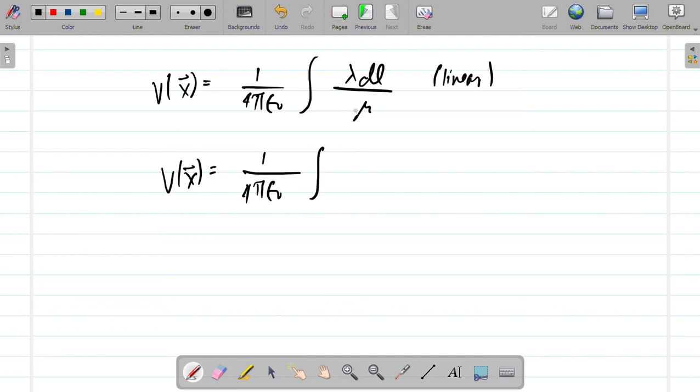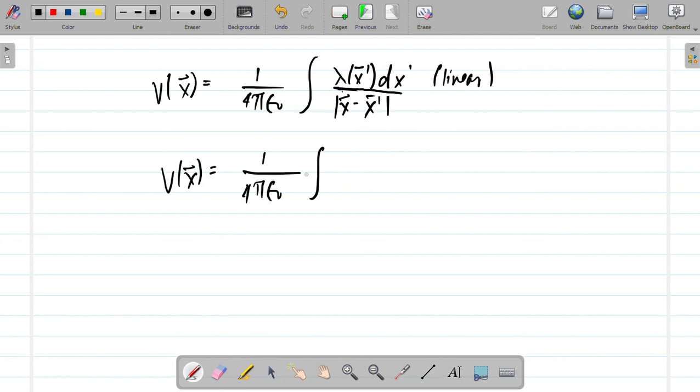So, V of X equals 1 over 4 pi epsilon naught integral. Ay, wait class. Yung script R, gawin natin mas general. Gawin natin x minus x prime. Then this is lambda of x prime dx prime over x minus x prime. Okay?